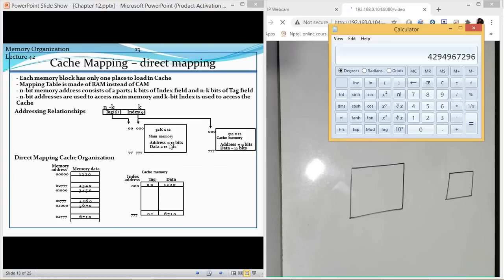So for that we need 15 bits for address and 12 bits for data. There are 15 bits and one digit is represented by 3 bits, so there are 3 different values in this.